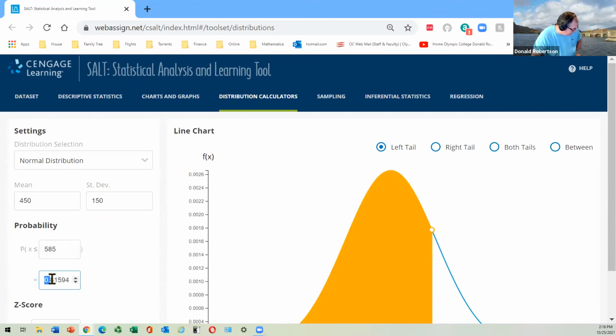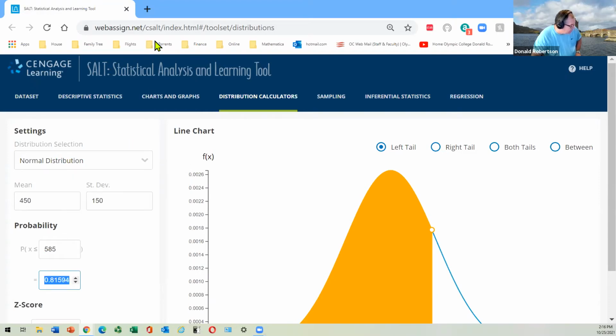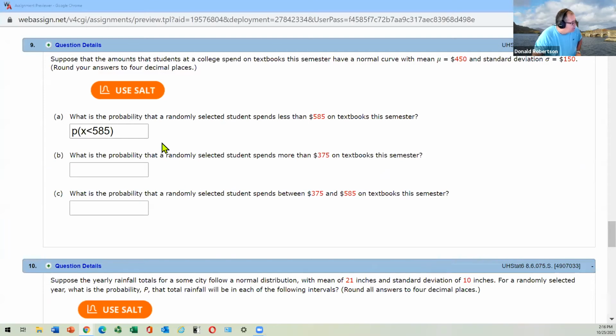And there's your answer. So we would be putting in that guy. Did it have a decimal place? 4 decimal places. So I'll round that off. There we go. And that's the only bit you would have, right? You'd only put the answer.